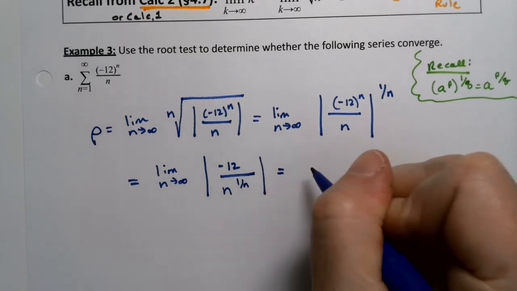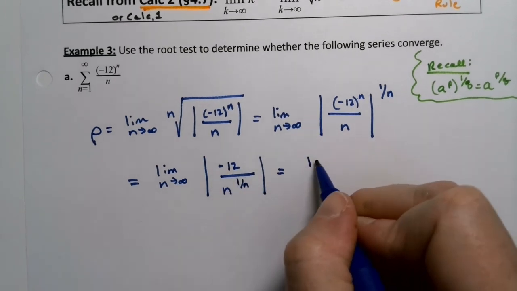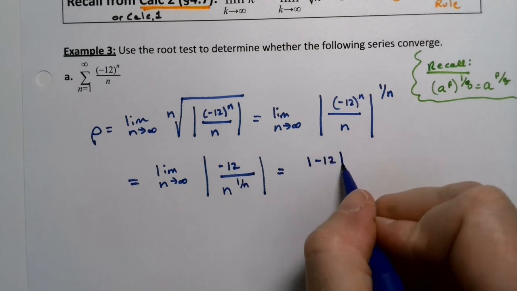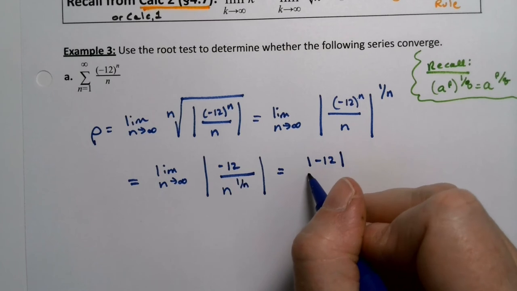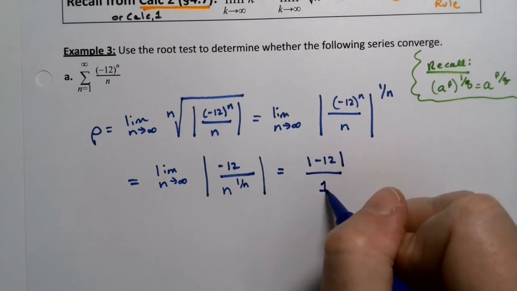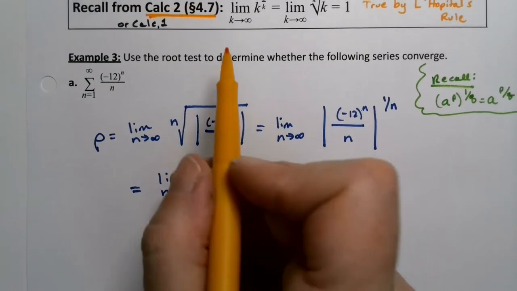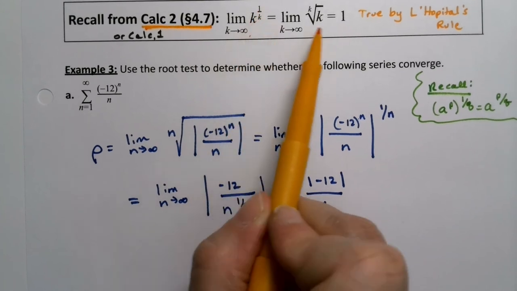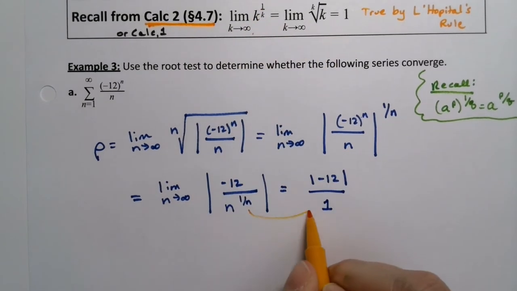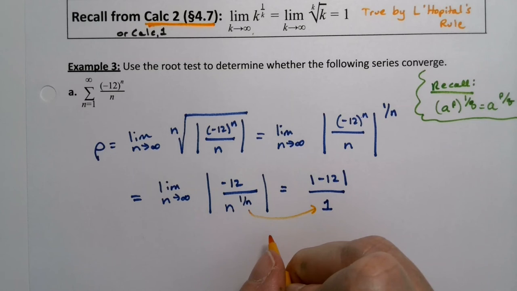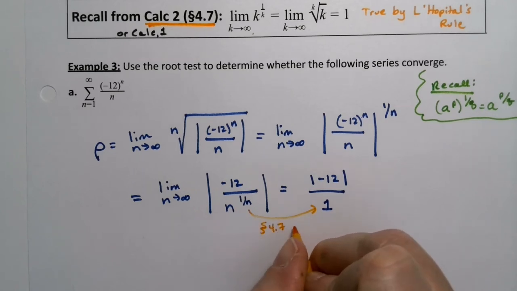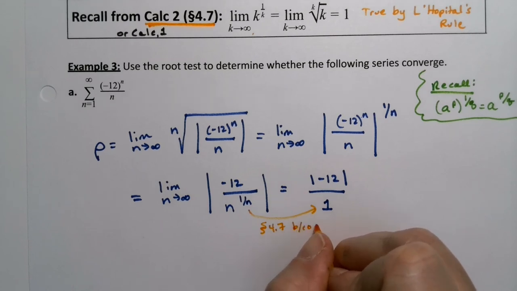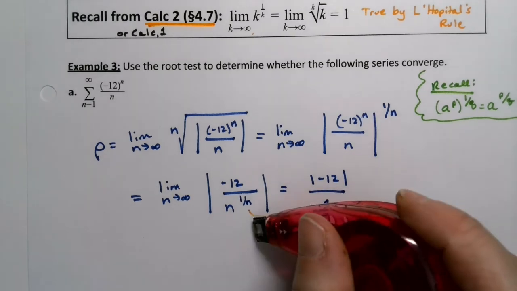Okay, so that's the absolute value of negative 12 over 1, because up above, we just said that n to the 1 over n would be equal to 1. So this is because of the above.